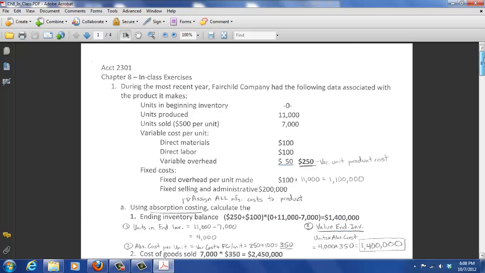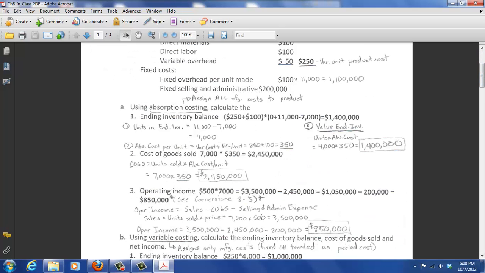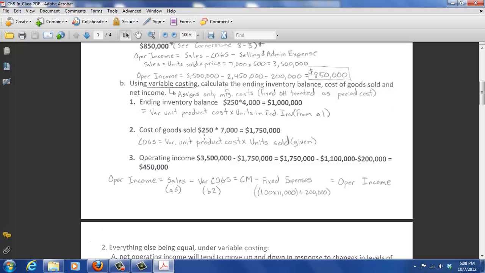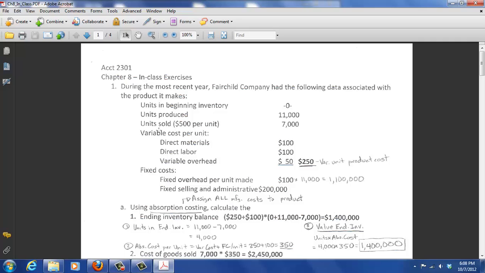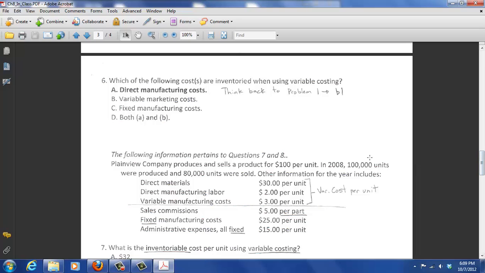So if we move back up here, we see that using that second calculation, we're just considering that $250. And that's just the variable costs here. So direct materials, direct labor, and variable overhead. So moving back down to number 6, those items that we're talking about are the direct manufacturing costs.